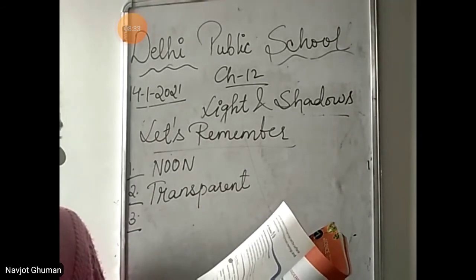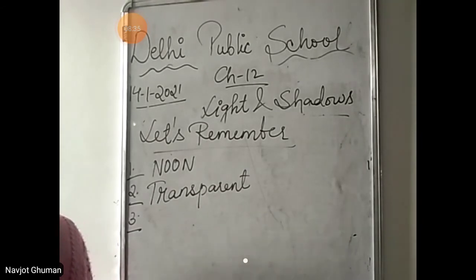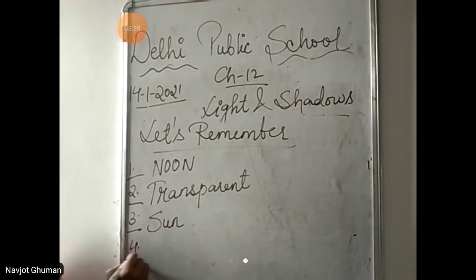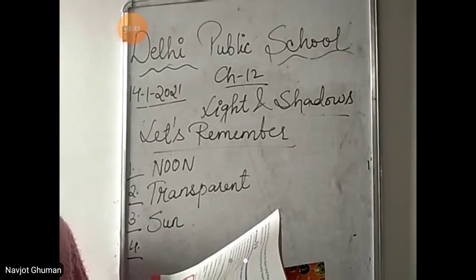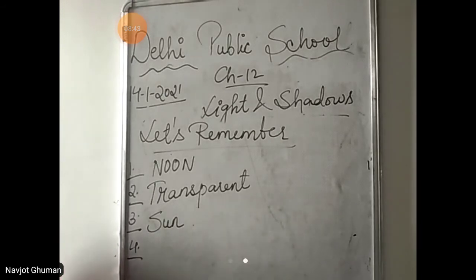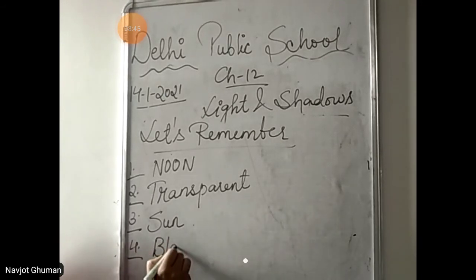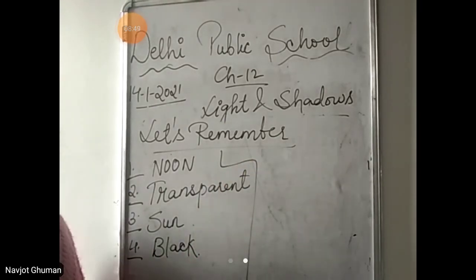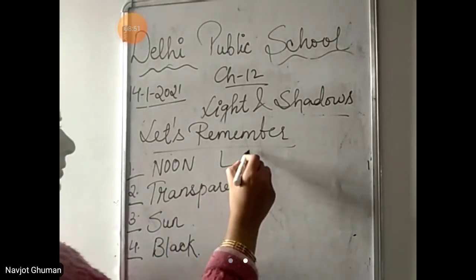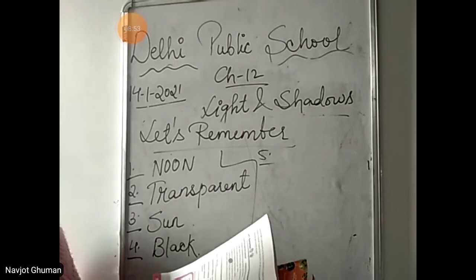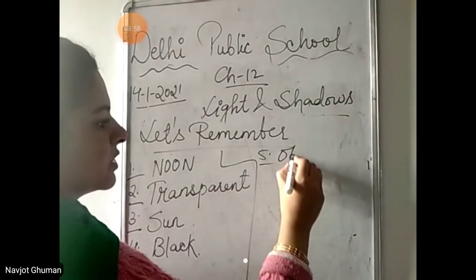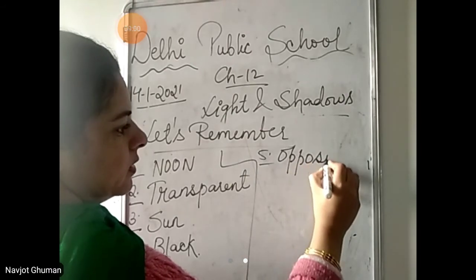Next, this is a natural source of light. That is the sun is the natural source of light. Number four, a shadow is formed in this color. Shadow is always formed in black color. Number five, a shadow is formed in this direction of the light source, opposite direction of the light source.